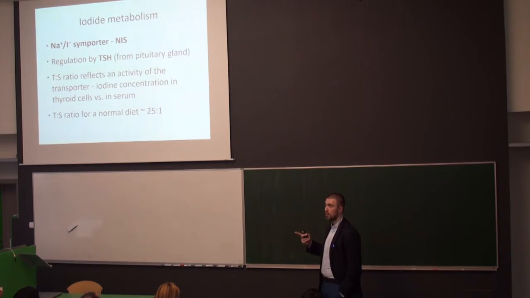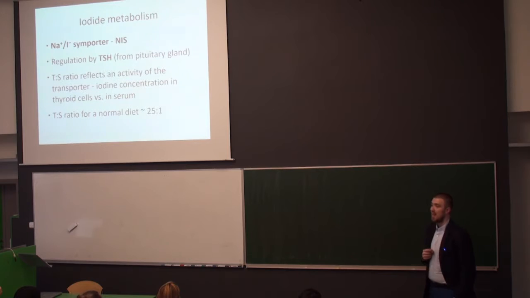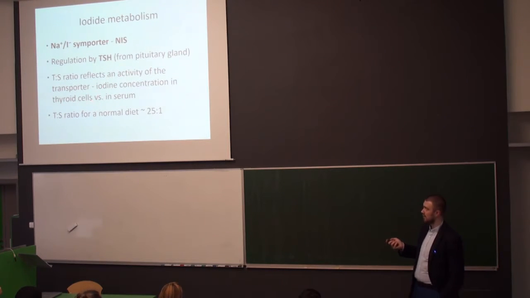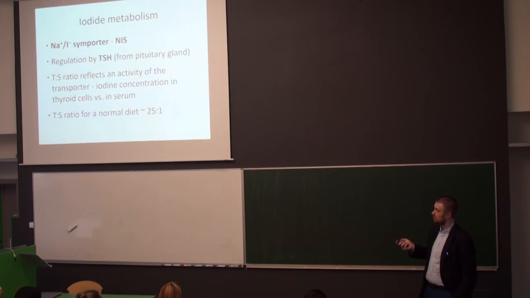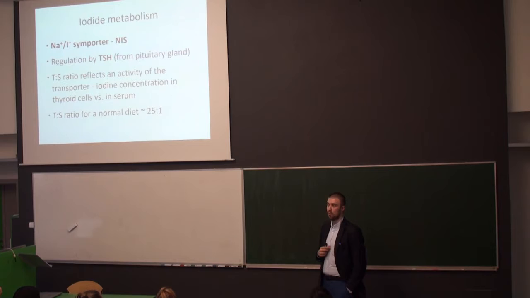You are able to express the efficiency of this transporter by something that we call the T/S ratio. T/S ratio means the ratio of the concentration of iodine inside the thyroid gland, inside the thyroid cells, and inside the serum, therefore T/S. And if you have a normal diet, the ratio is around 25 to 1.